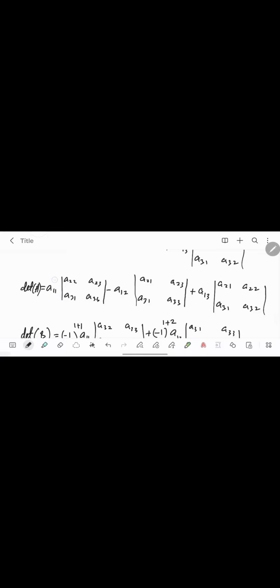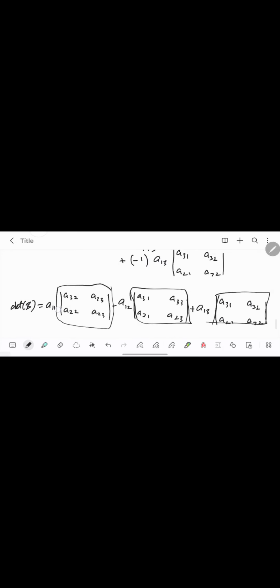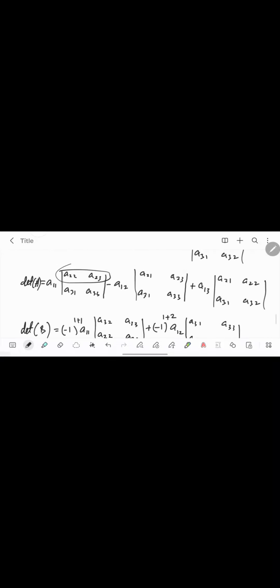If I interchange, if I swap this row with this row, I will get this matrix. Make sense? Because this row is the second row and here it is the first row. So this matrix and this matrix have only one difference: their two rows are swapped.